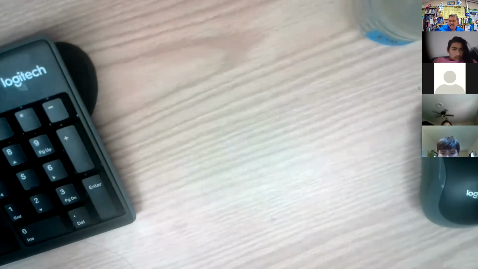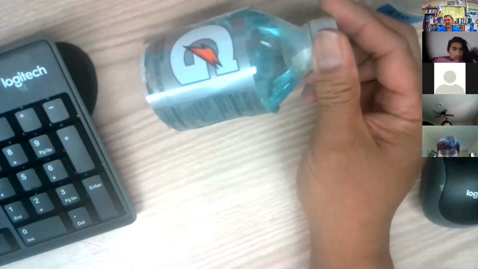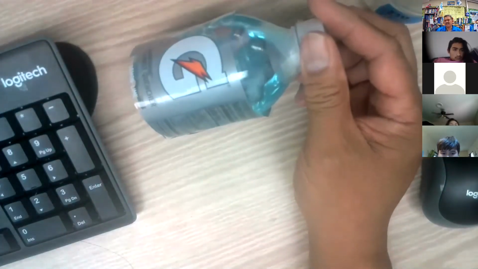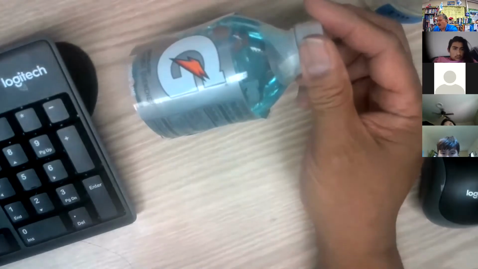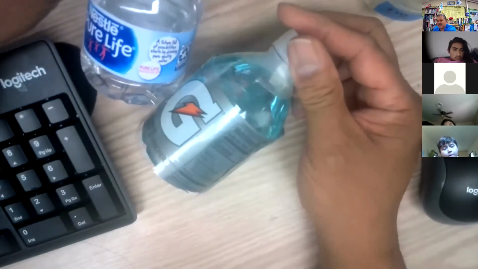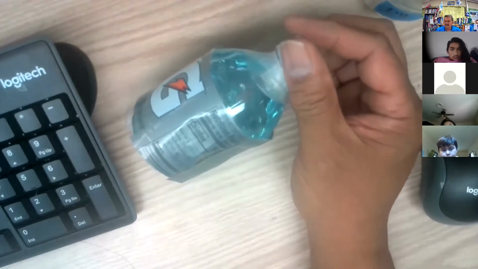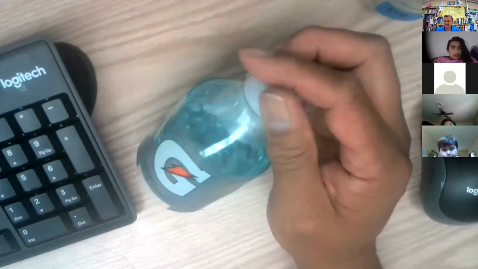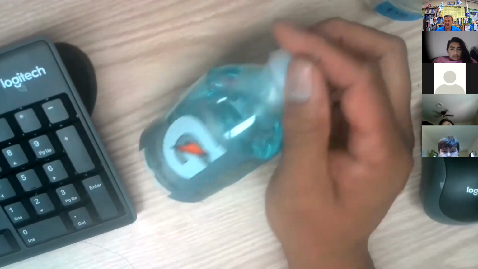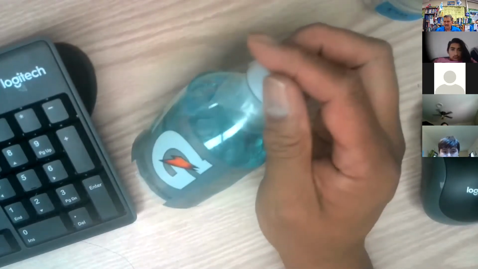All right, so here's a teeny tiny bottle of Gatorade. Gatorade's like water, isn't it? So is Gatorade a compound? I don't think so either. What do you think it is? Is Gatorade an element?